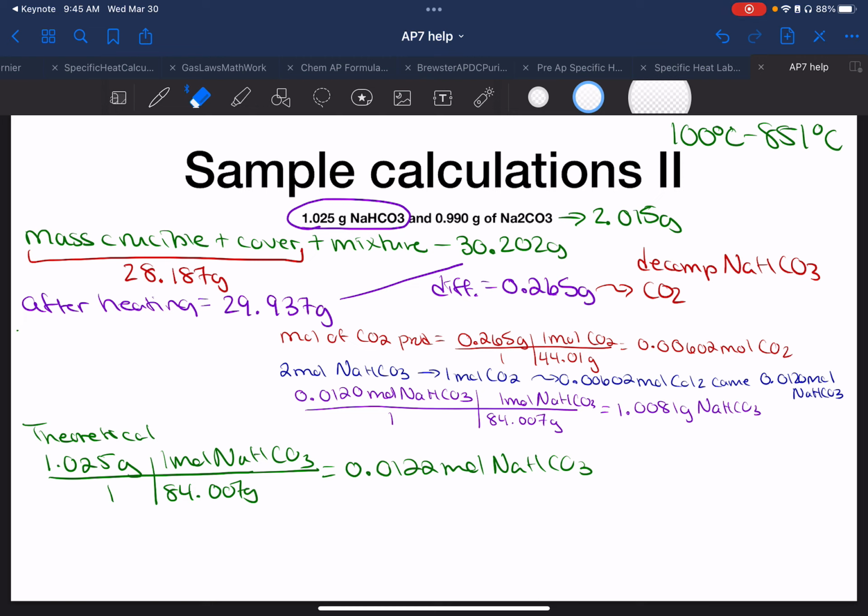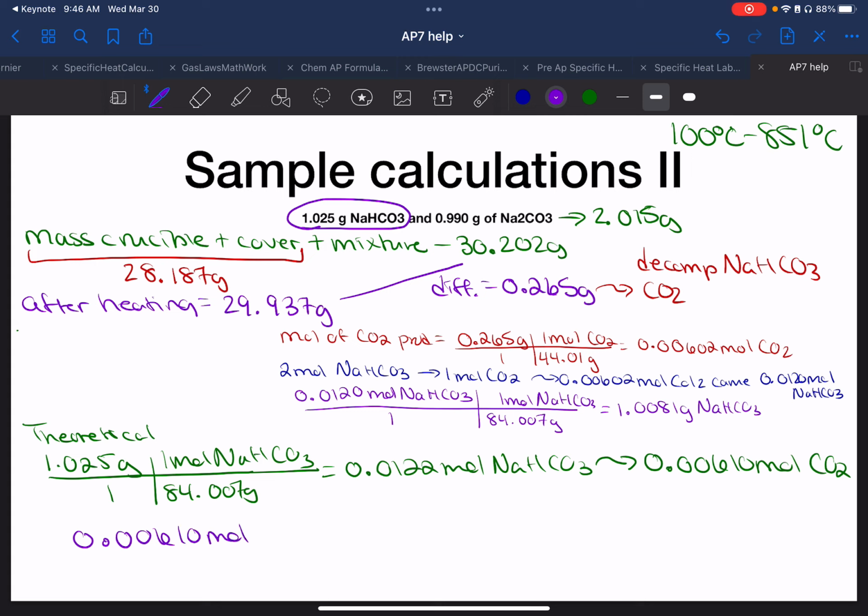So according to the balanced chemical equation for the decomposition of NaHCO3, 2 moles of NaHCO3 produces 1 mole of CO2. So if I have 0.0122 moles of NaHCO3, I should be able to produce 0.00610 moles of CO2. So the theoretical mass of CO2 produced, and we'll do that calculation real quick, 0.00610 mole of CO2.